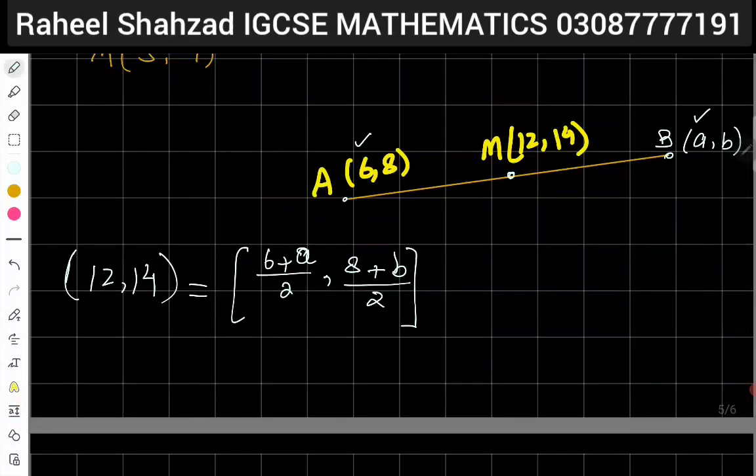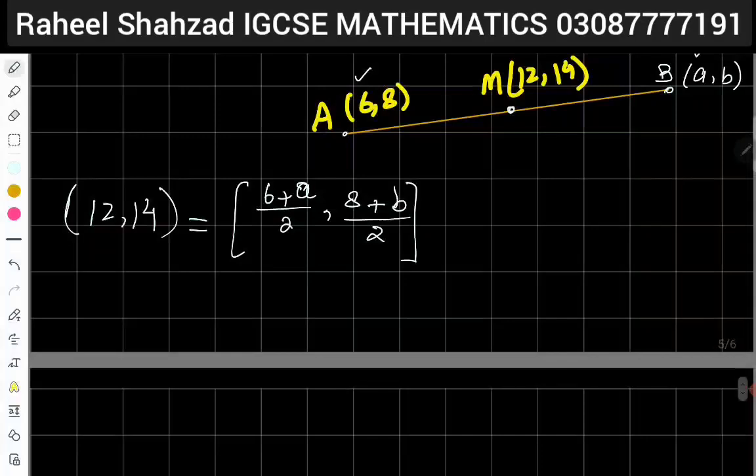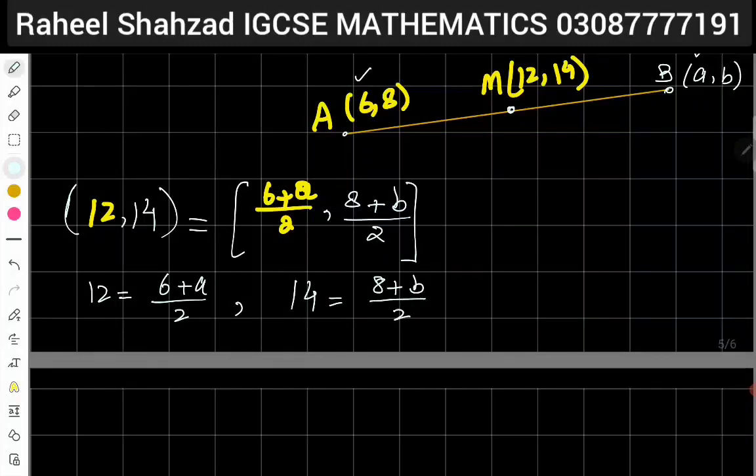Okay, now we are going to compare these 2 points. So x coordinate would be equal to x coordinate, which will be 12 is equal to 6 plus a divided by 2, and similarly 14, the y coordinate would be equal to 8 plus b divided by 2.